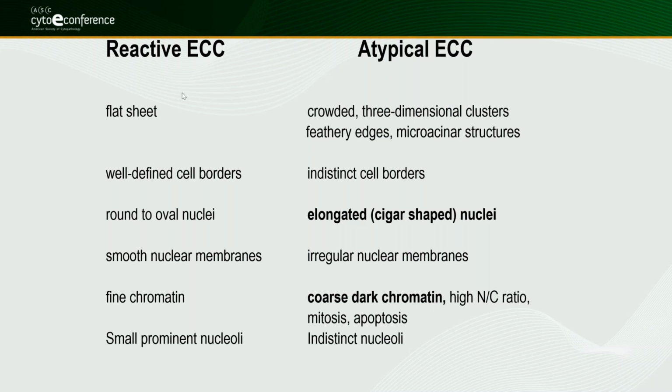Reactive ECC again have round to oval nuclei. In atypical ECC, the nuclei become elongated, cigar-shaped, with irregular nuclear membranes and really dark, coarse chromatin. Atypical ECC have indistinct nucleoli, while reactive ECC usually have small prominent nucleoli. So prominent nucleoli is not a feature of atypical endocervical cells.